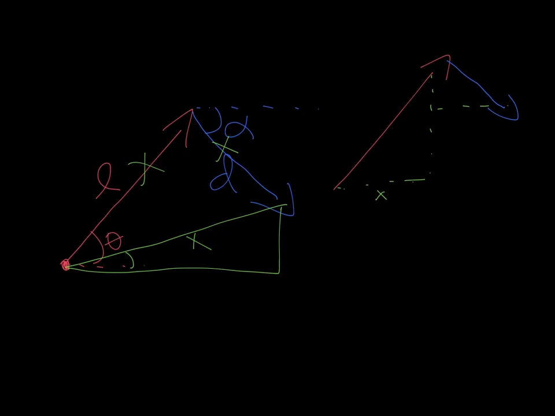So let's call this x1, y1, and y2, just this little chunk here, and x2. Now since these are right triangles, I would be given, again, the angles and the lengths of the hypotenuses. I would know these.